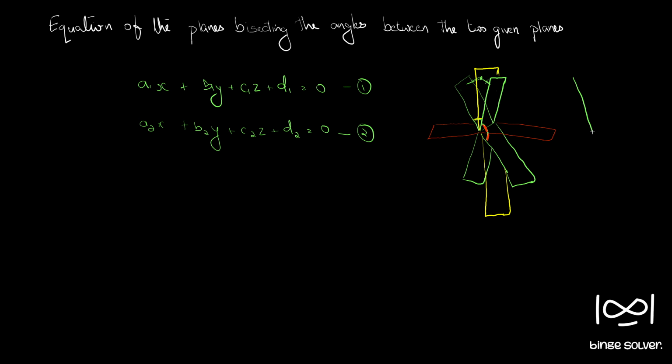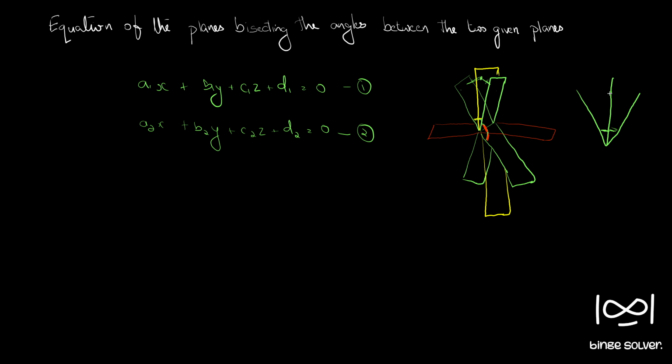So if you can see, we have a plane like this. I am converting this 3D figure into a 2D one. Let's say the planes look like this. So this is the bisecting plane, and this angle is equal to this angle.